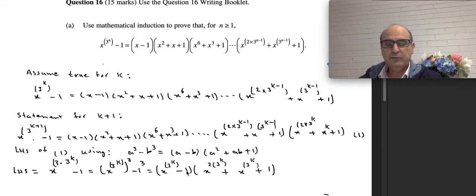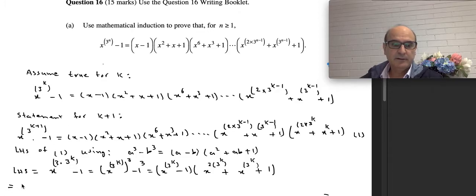Now if you look here, this is the same as the assumption. So using the assumption and replacing for this, we have this. x to the 3 to the k minus 1 is equal to that based on the assumption. And I have x to the 3 to the k minus 1, the same thing here.